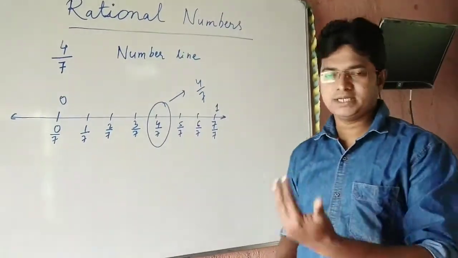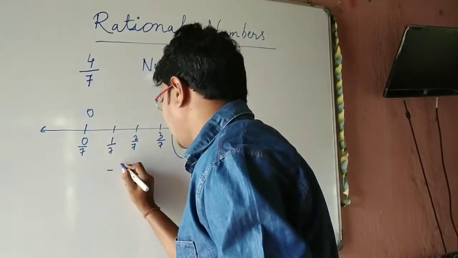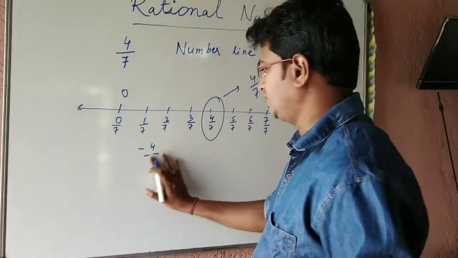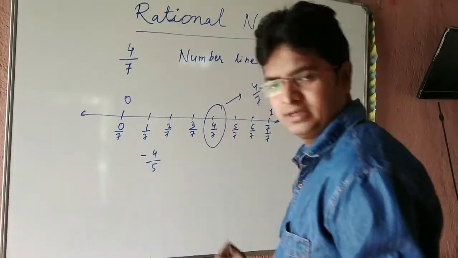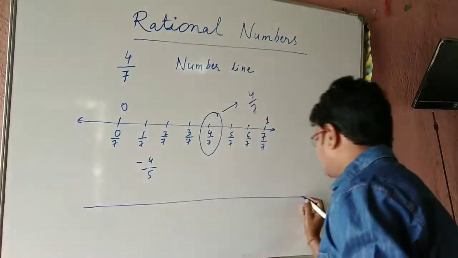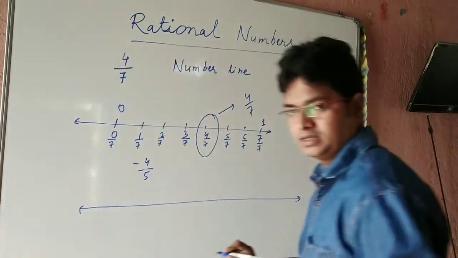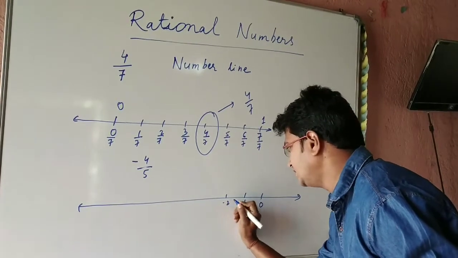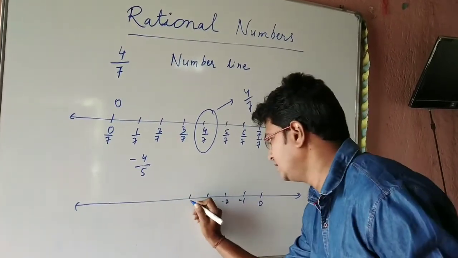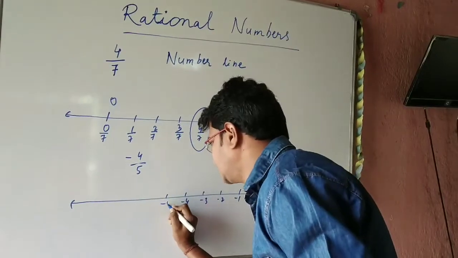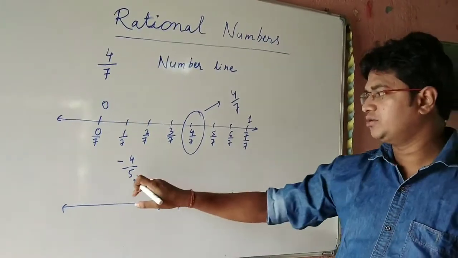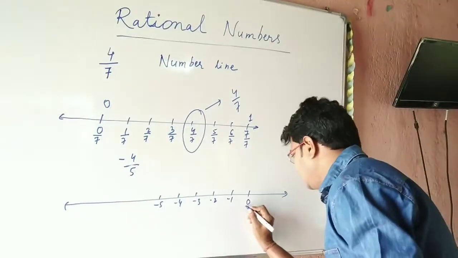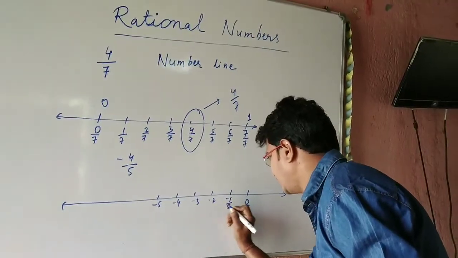If the same number is given in negative, suppose minus 4 by 7, okay, let us change the question. I am writing minus 4 by 5. So 0, minus 1, minus 2, minus 3, minus 4, minus 5. As per the rule, the denominator is 5, so I have divided it in terms of 5.